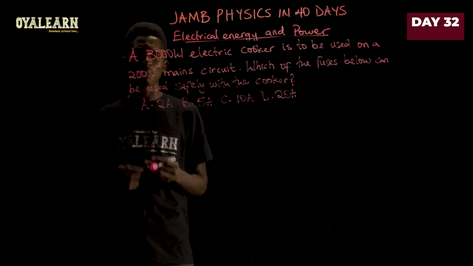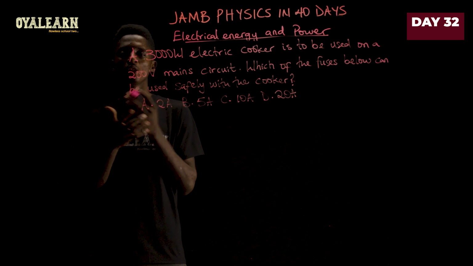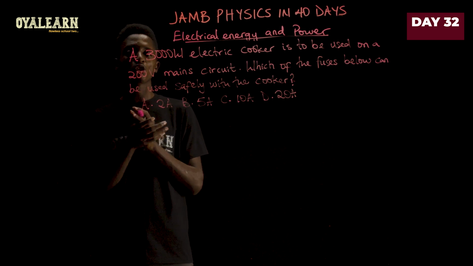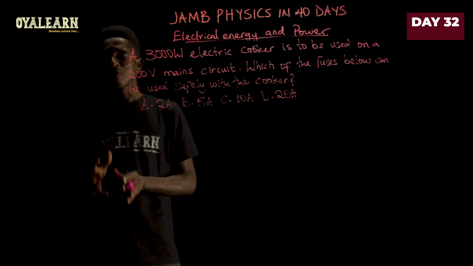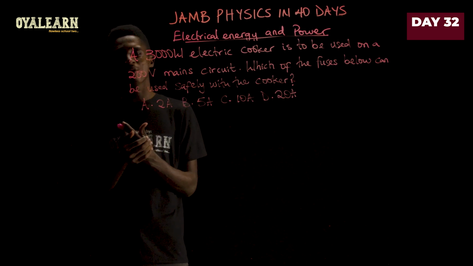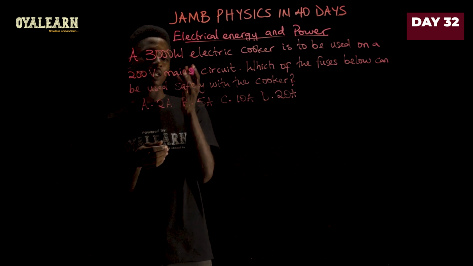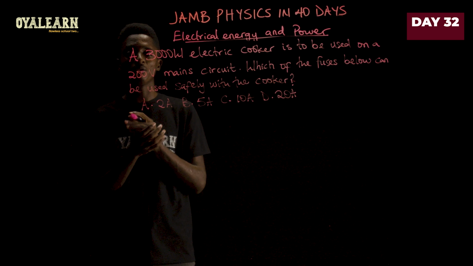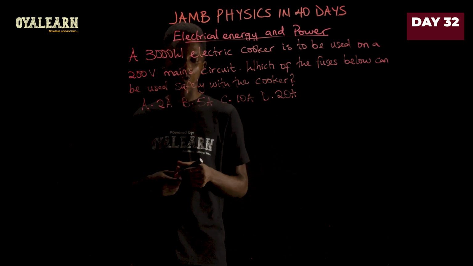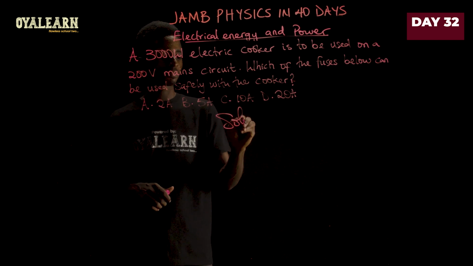It can be more than that, but not too much, because you want to ensure that if there is a current surge, the fuse will break so that it will not allow the current to affect the device itself. So let's first find 125% of the working current in this case, and then see which of these will work for the electric cooker. Here's the solution.